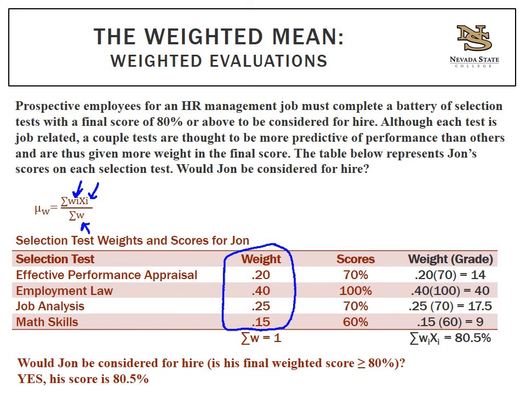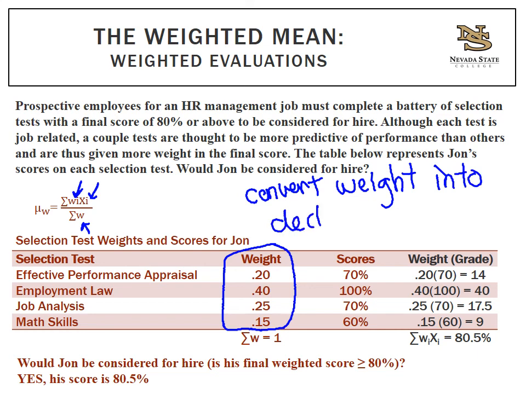So I'll put a little note. Convert the weight into a decimal. And to do that, you just take the percentage, divide it by 100. Or you can just scoot the decimal place 2 places to the left.